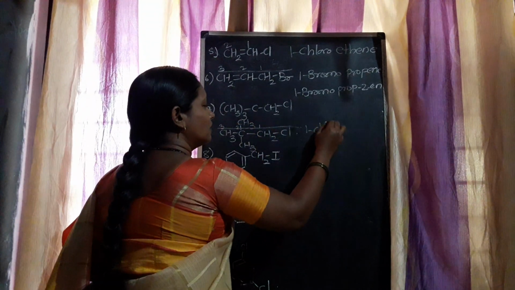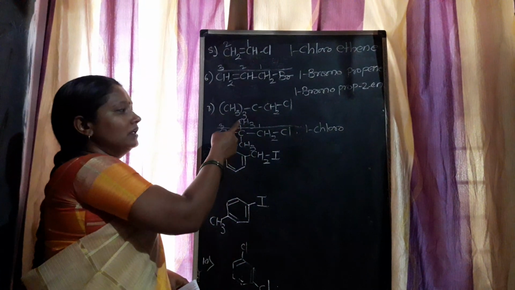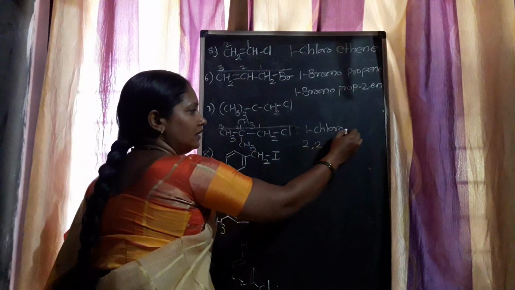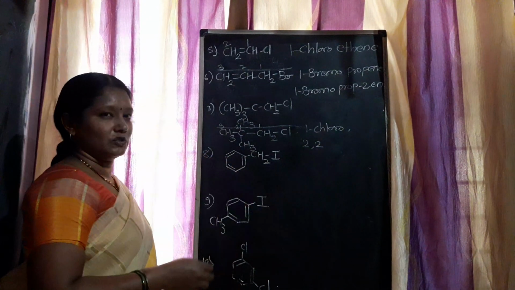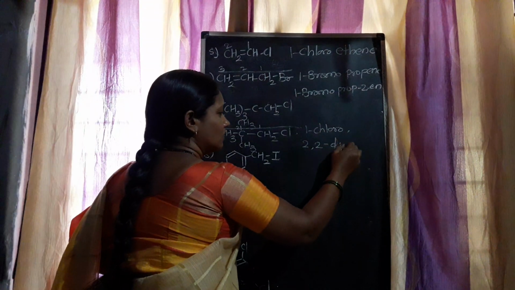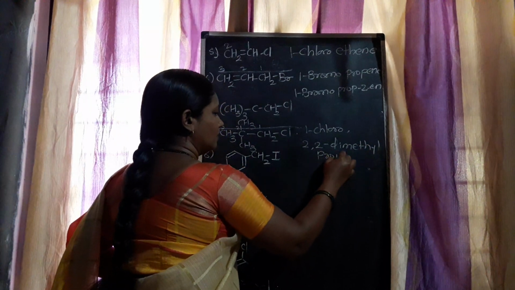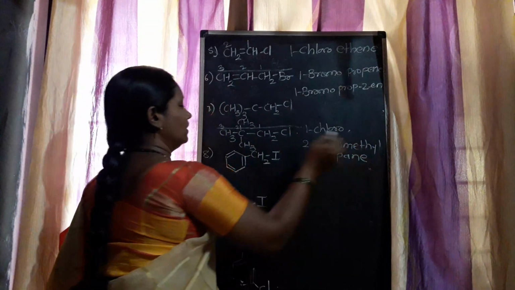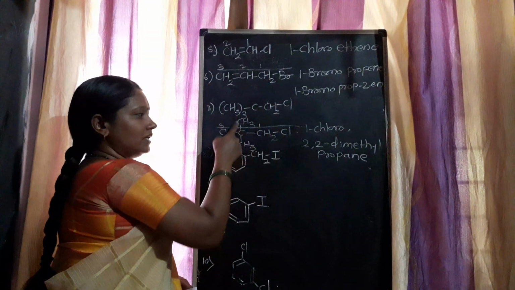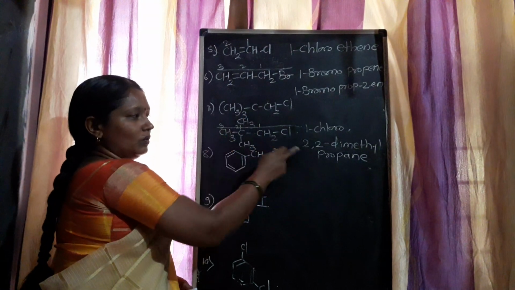Therefore 1-chloro, and to this second carbon atom the two methyl groups are present, therefore the number is written two times, 2,2-dimethyl propane.